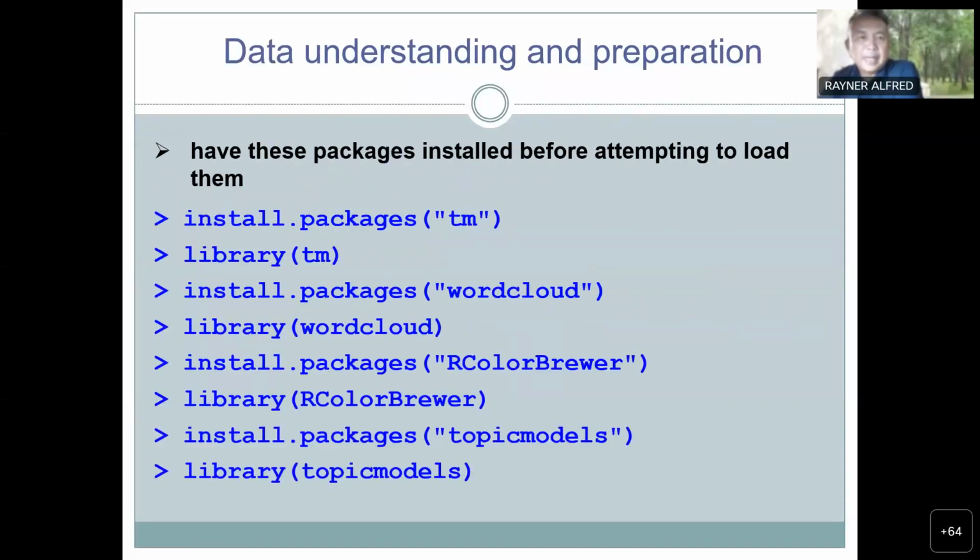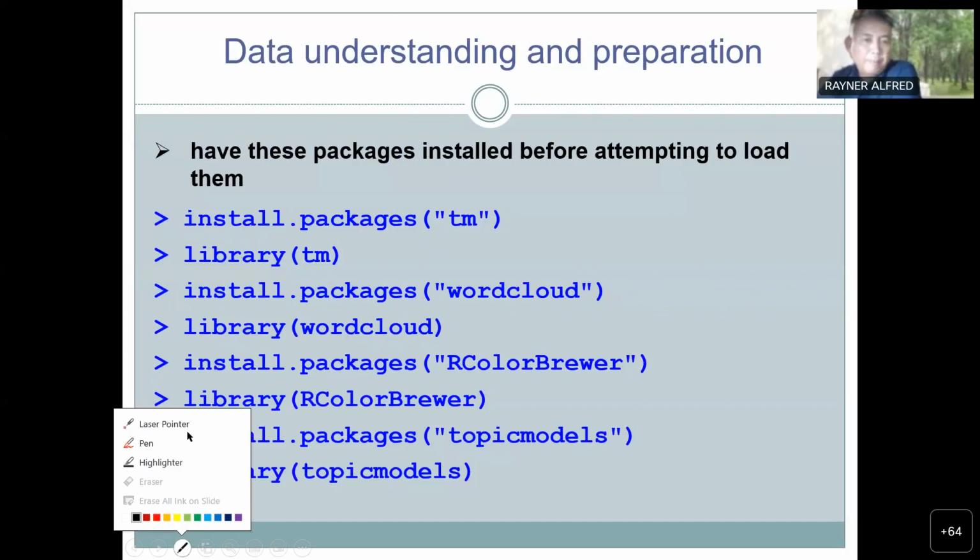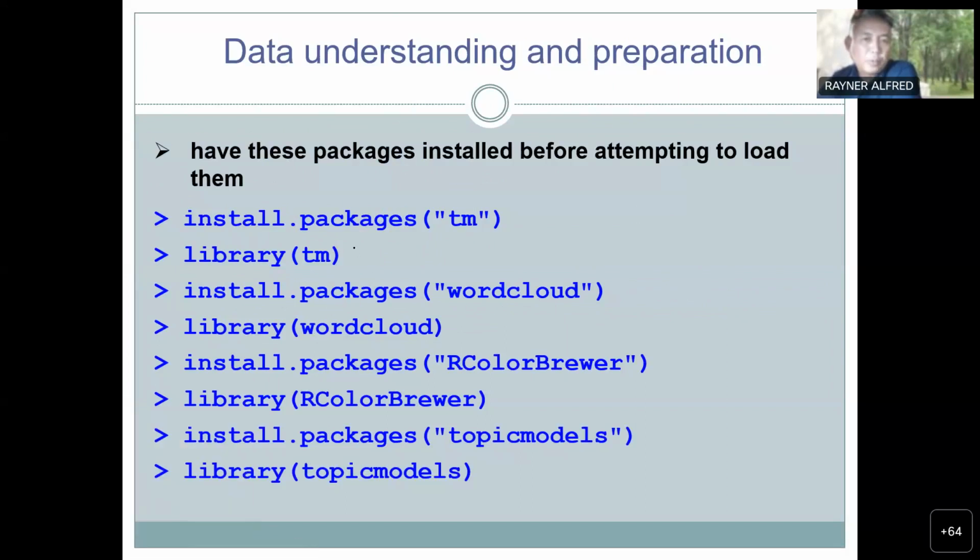And these are some of the packages that you need to have. We install the package text mining, tm, and then upload. We also have the word cloud that will visualize your text based on the number of words. So the most frequent words will appear bigger in your visualization.